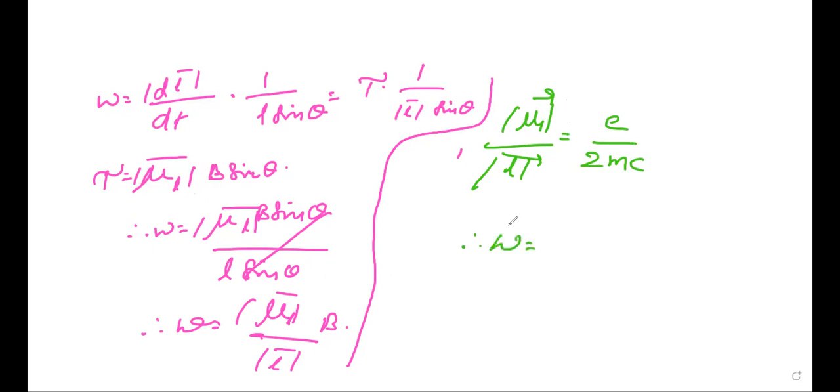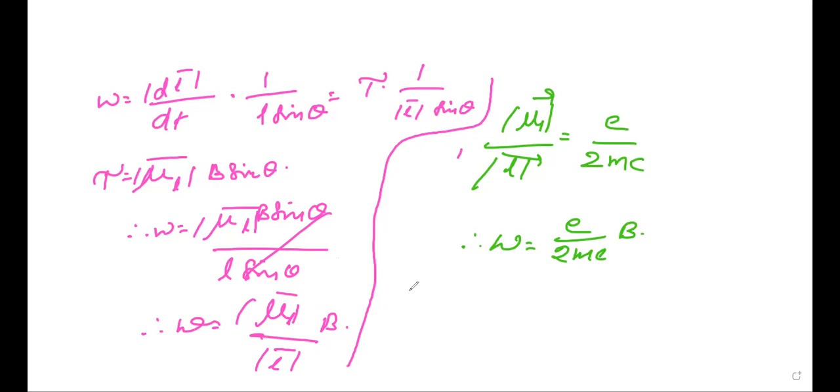Therefore omega is equal to e by 2mc into B. Okay, so this is the Larmor frequency.